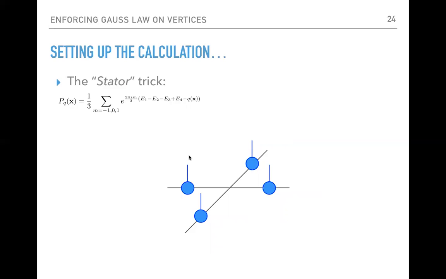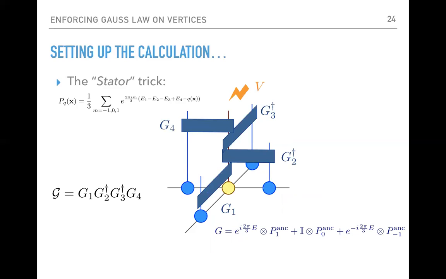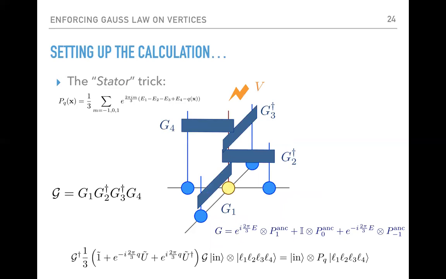By applying this on vertex X, this acts on the four links and projects it to charge Q. This is also a four-body operator, and by choosing different gates and a different local operation, we can do exactly the same thing and implement this four-body operator as a sequence of two-body gates, and end up with having projected the link degrees of freedom to the charge Q that we want.